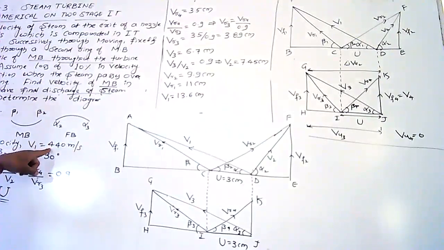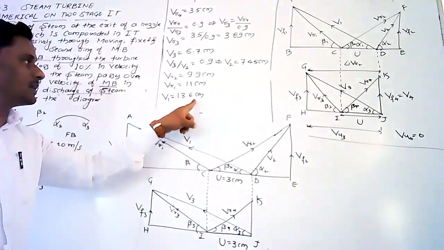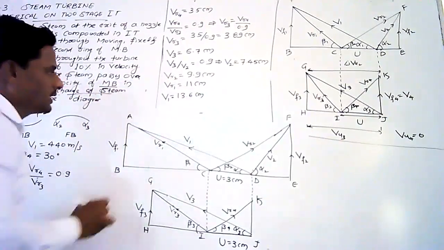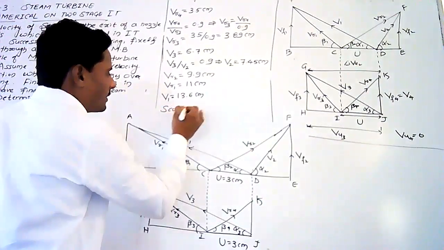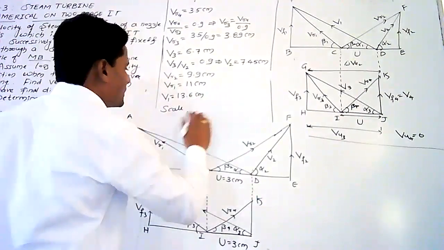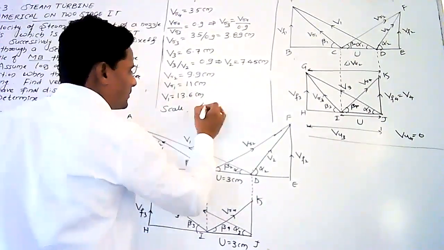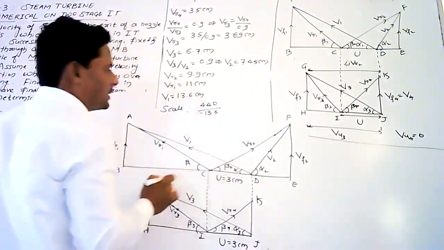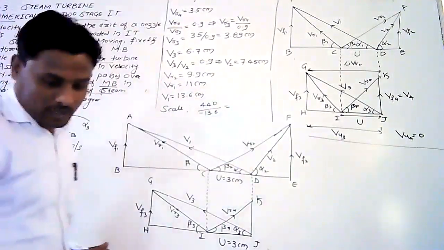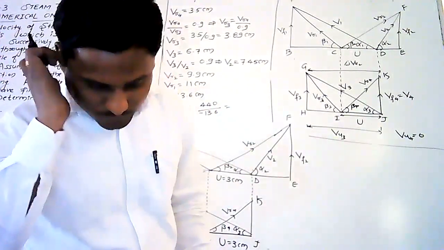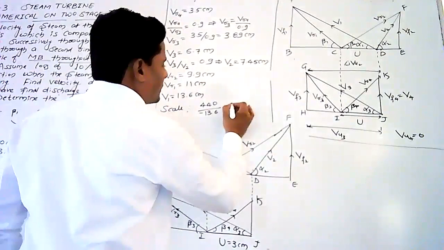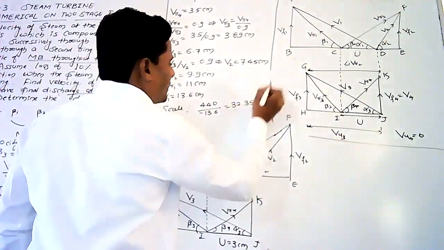The value of velocity in meters per second divided by the value in centimeters will give you the scale. So the scale ratio is 440 meter per second divided by 13.6. The answer is 32.35. This is the scale ratio.